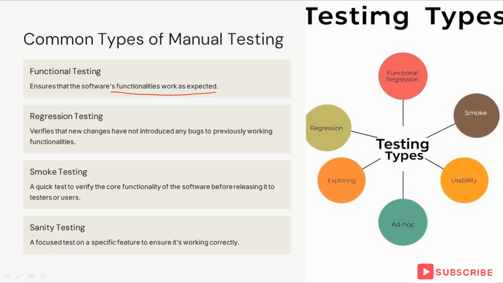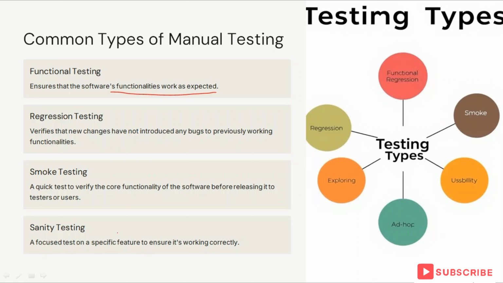Then comes sanity testing. Sanity testing is again a quick testing, but it is focused, or I'll say specific to a particular feature or functionality. In smoke testing, you check that all the core functionalities are working fine, from your login to your dashboard, maybe other things.